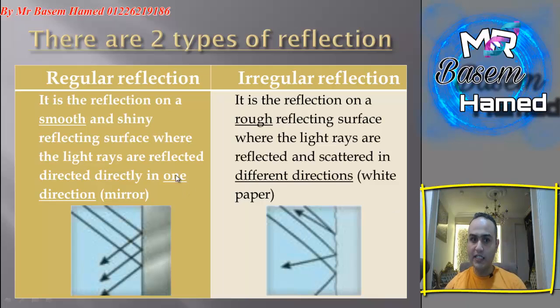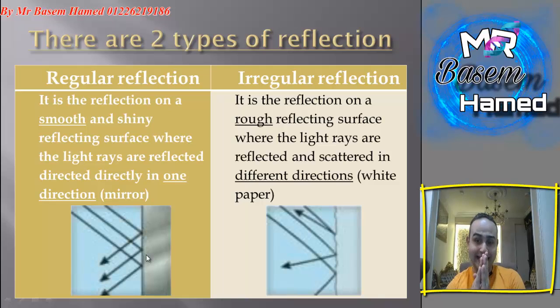So regular reflection is the reflection on a smooth and shiny surface where the light rays are reflected in one direction. Look, the incident rays fall on the reflective surface and are reflected in the same direction. They are parallel. They have the same direction.